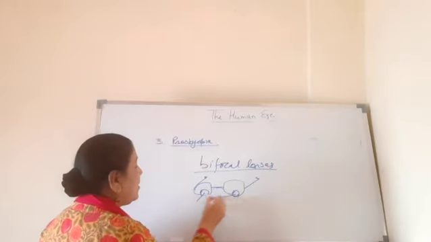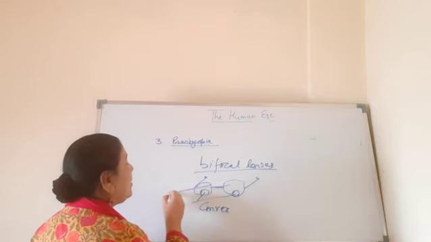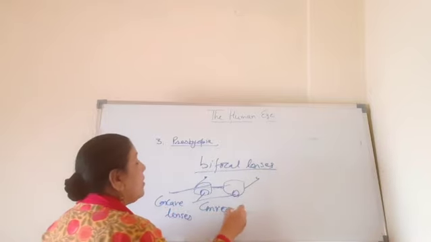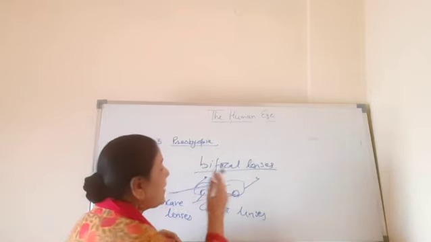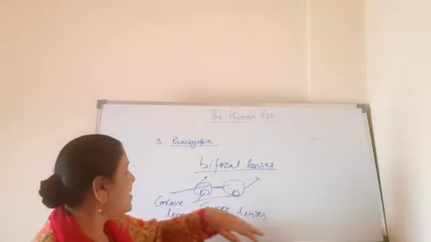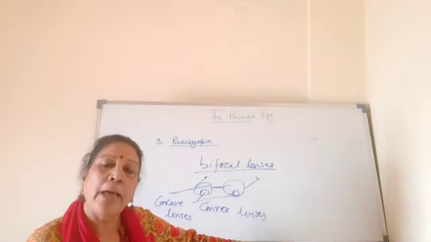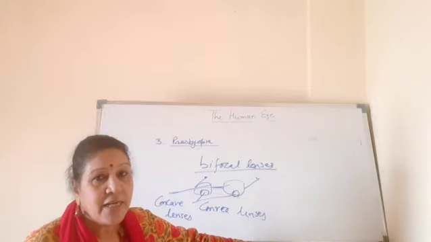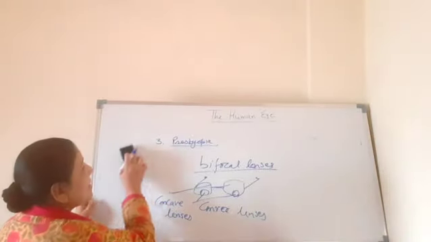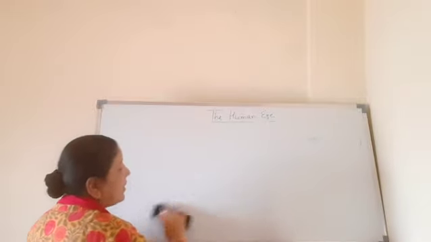So this is convex, and these two are the concave lenses. So the lower part helps them to read the book and all, and the upper part, concave lenses, helps them to see the objects at distant position. So this is for the persons who suffer from both myopia and hypermetropia. As I told you, for this case, bifocal lenses are used, and the reason is weakening of ciliary muscles, as they become less flexible or become rigid.